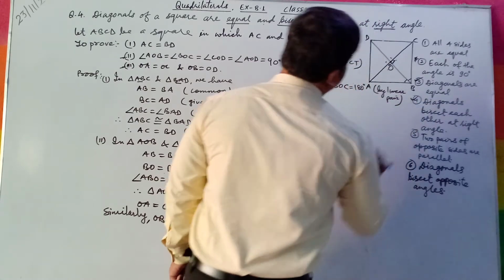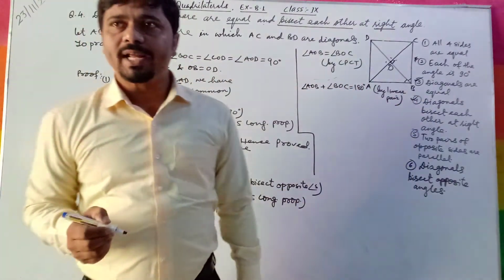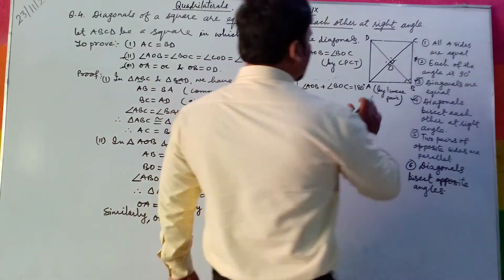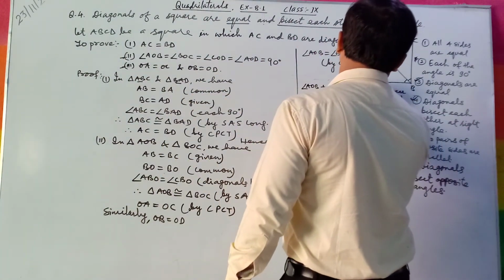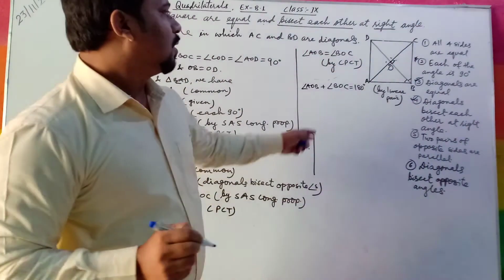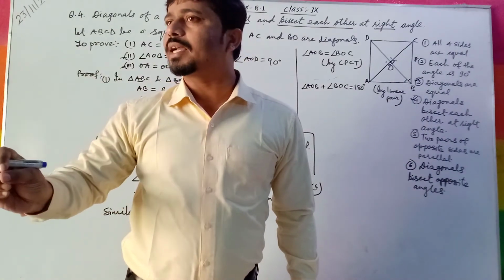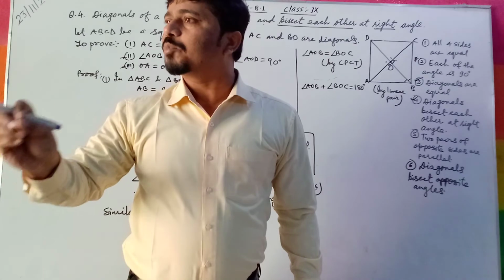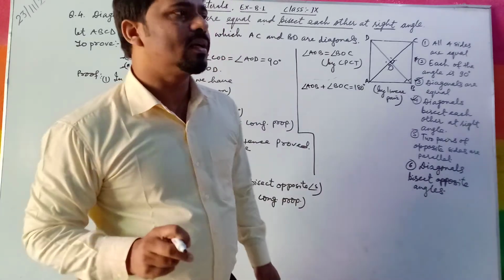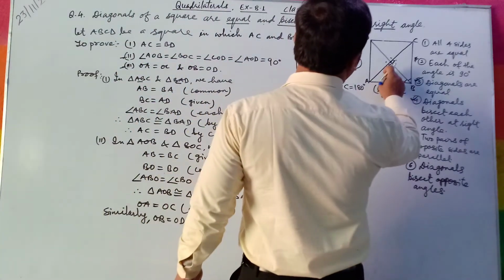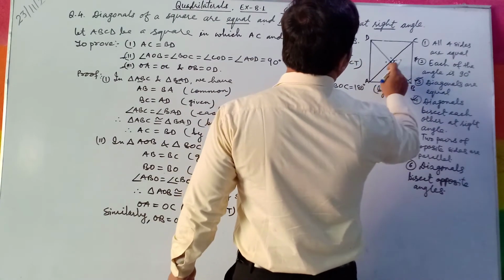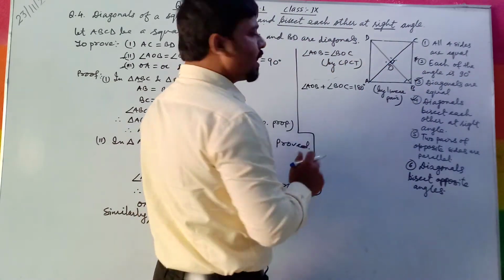The property is linear pair. Linear pair means if the sum of adjacent angles is 180 degrees, then the property is called linear pair.